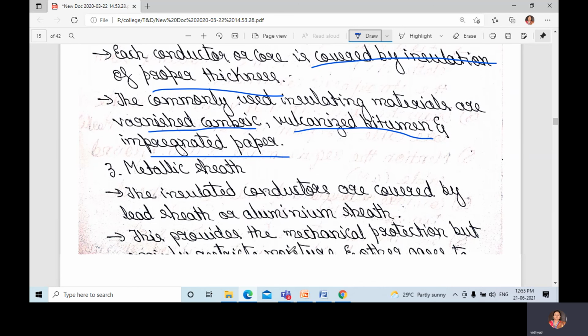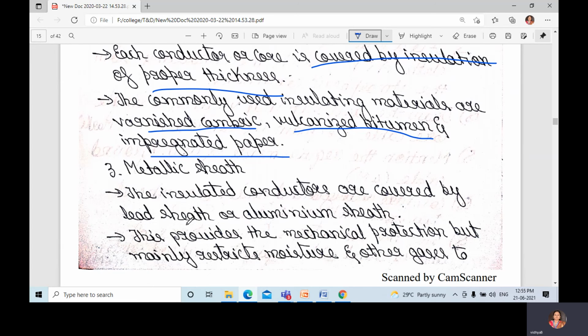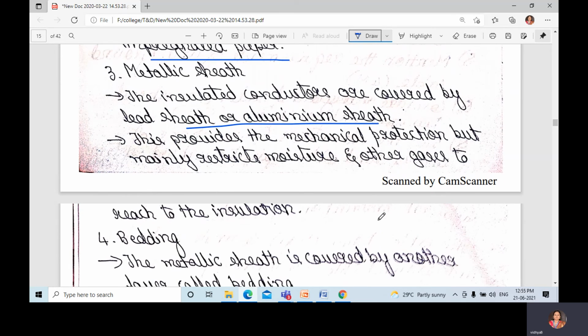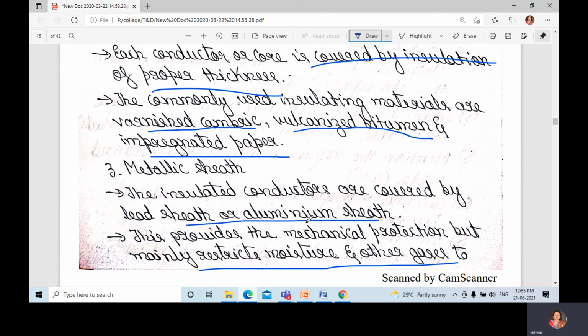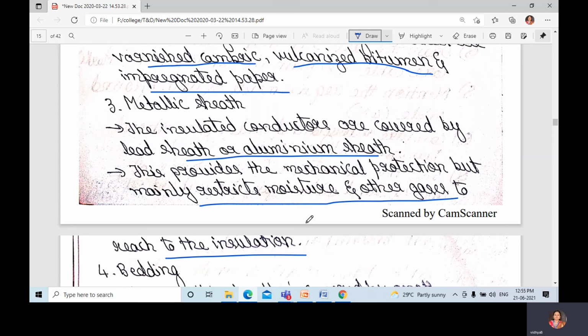Next, metallic sheath. The insulated conductors are covered by lead sheath or aluminium sheath. This provides mechanical protection but mainly restricts moisture and other gases from reaching the insulation. The insulation is protected by the metallic sheath.